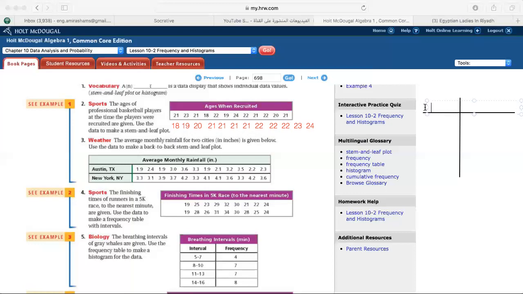I will write here. Leaves. Okay, then I will take 18 and 19 together in a group because they have 1 in common in the tens place.